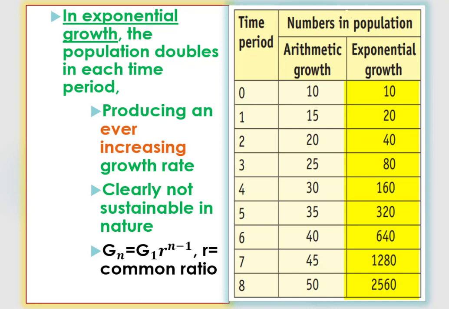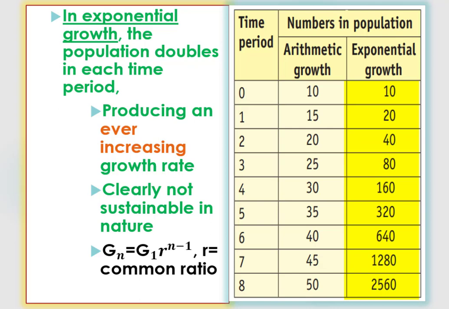In the second period, this 20 gets doubled to 40. When 40 gets doubled, it is 80, and 80 doubled produces a population that has 160 members. This population again after the fifth period gets doubled and rises to 320 members.